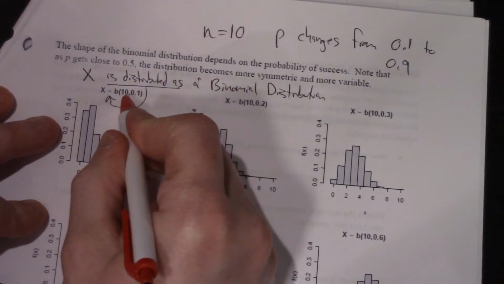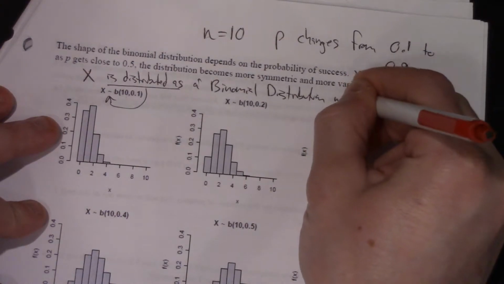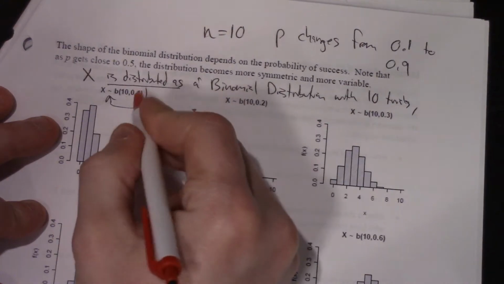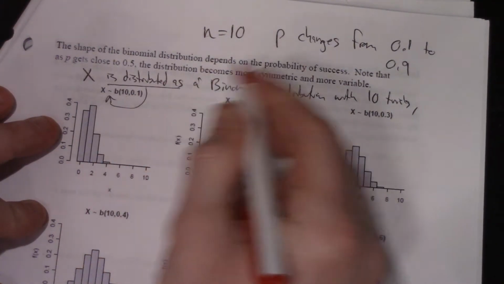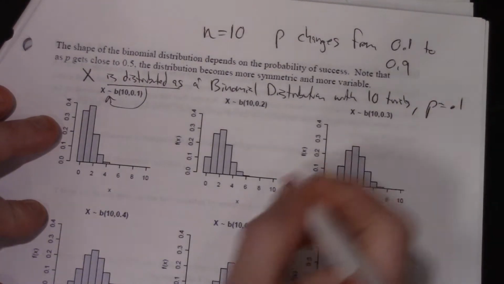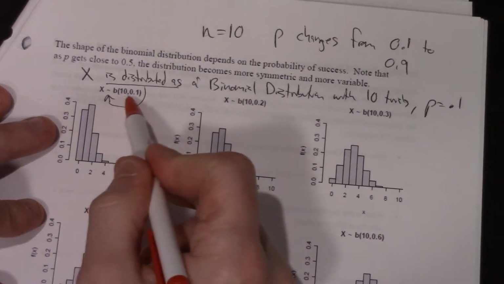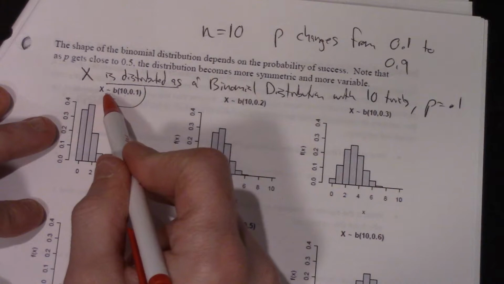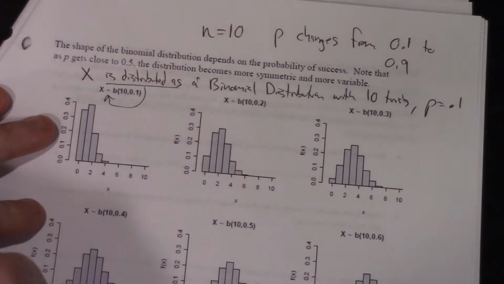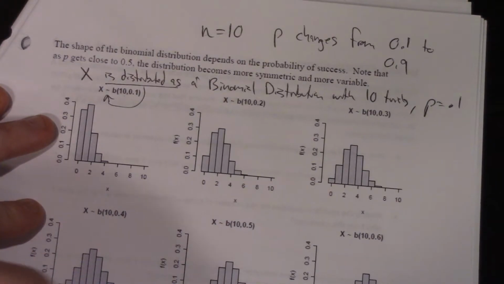The first number is n, so with 10 trials, and the second number is p, the probability of success. p is equal to 0.1. So when you see this statement, this means that your random variable follows a binomial distribution with 10 trials and a 10% chance of success. And that's just an abbreviation for all of that.